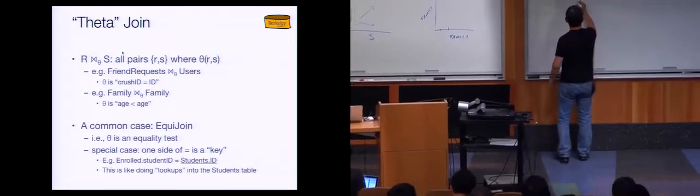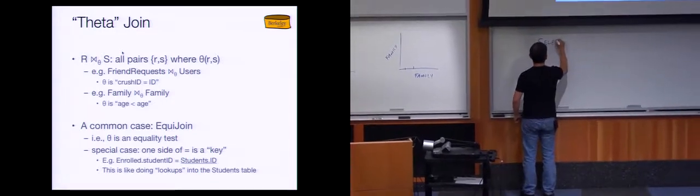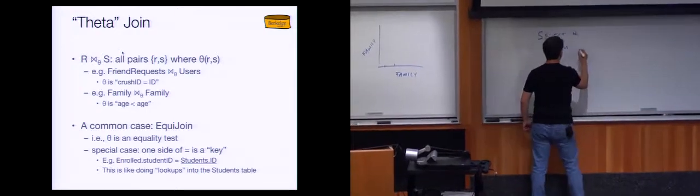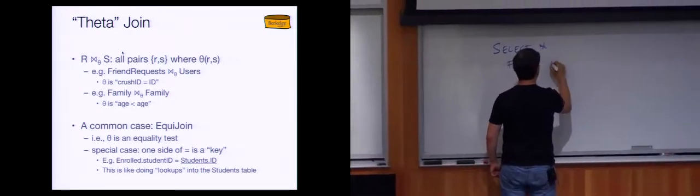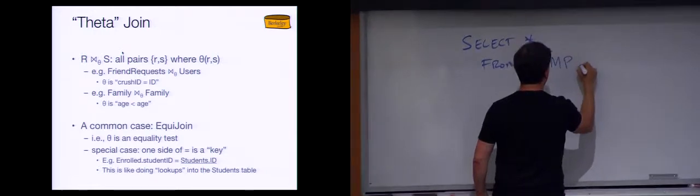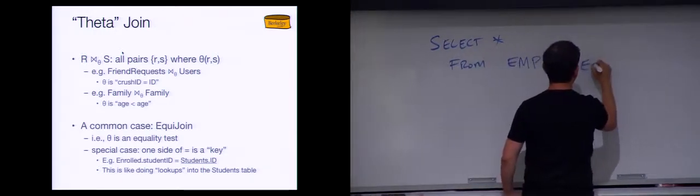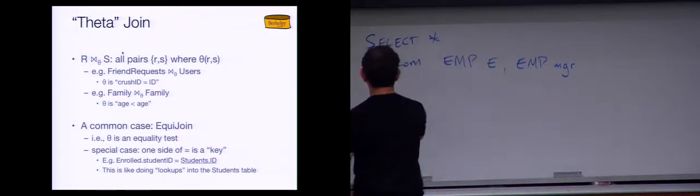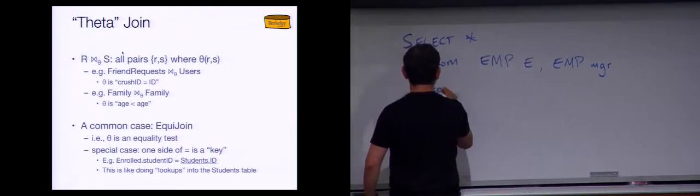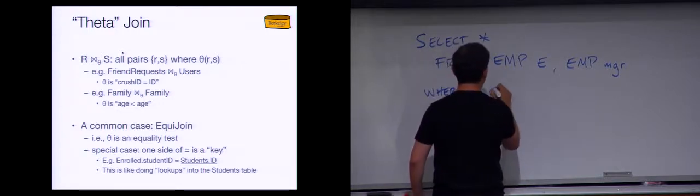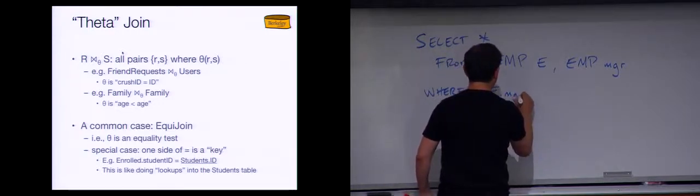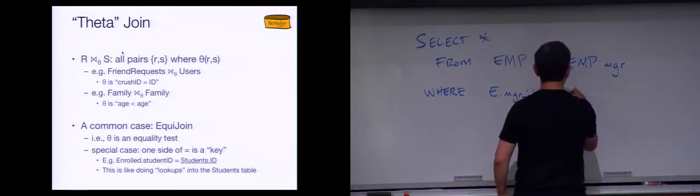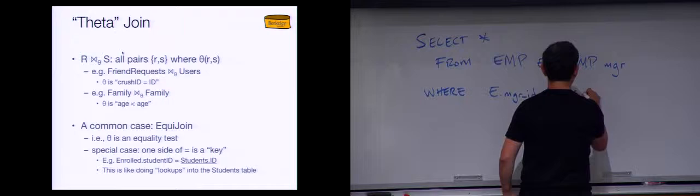We're saying select, for now we'll say star, from, and here we're going to see something we haven't seen before, from employee table E, and another version of the employee table which we'll call M, for manager. And the theta that we're going to write down in the where clause is E.manager_ID, which is a column in the employee table, equals the manager's ID.